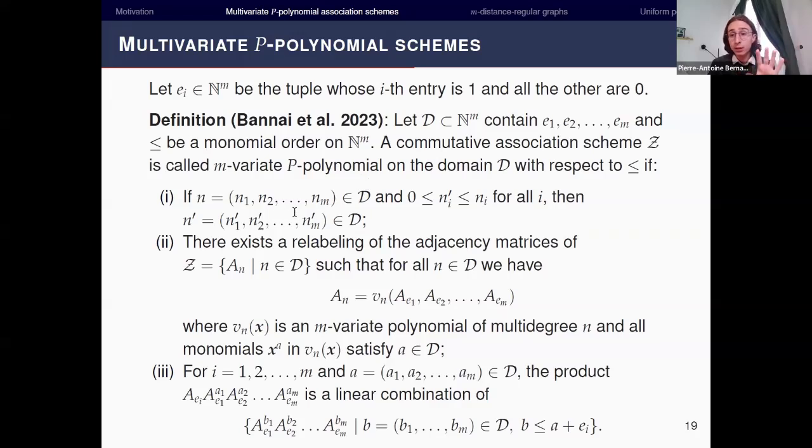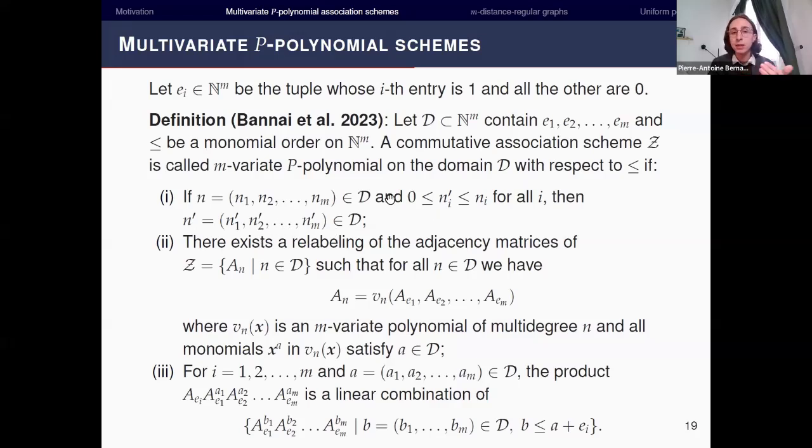And you need that your domain does not have any hole. So if in your domain you have the tuple n with n1, n2, up to nm, and you choose another tuple of integers n prime, where n_i prime is smaller than n_i for all values of i, this n prime also needs to be in the domain.